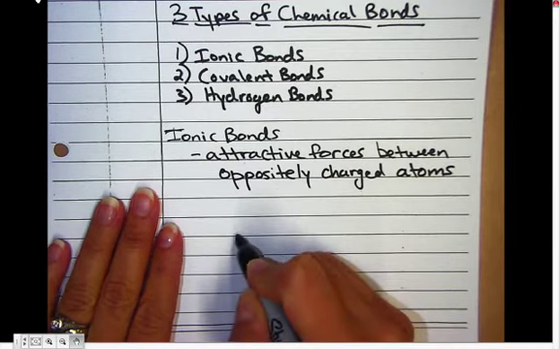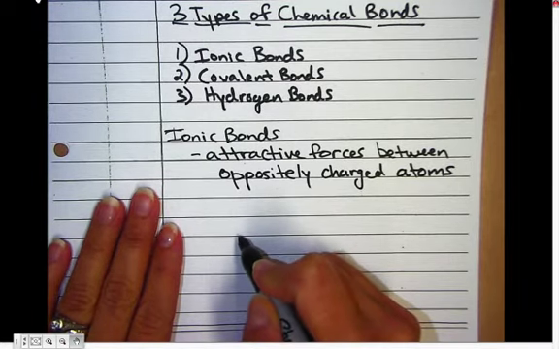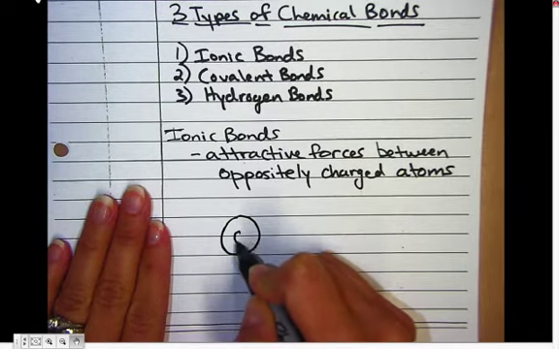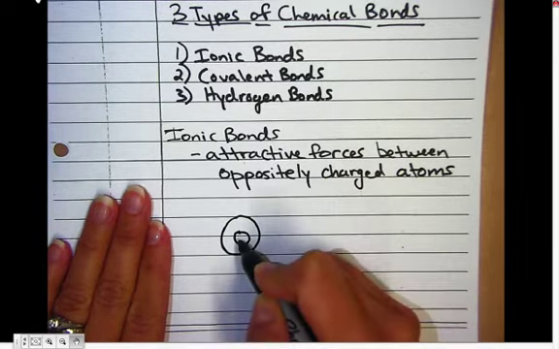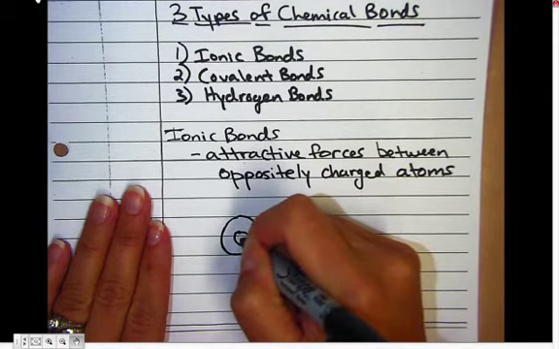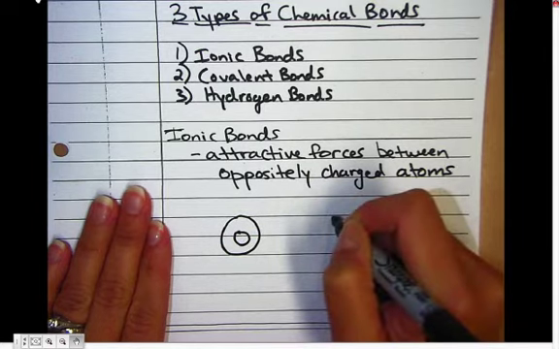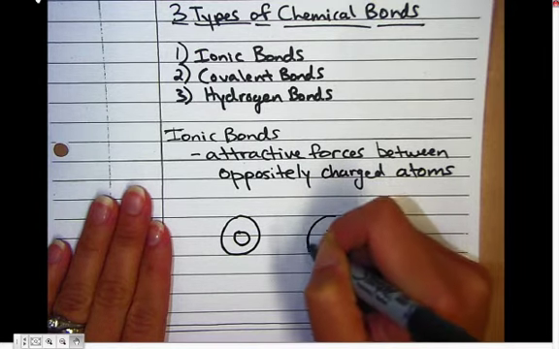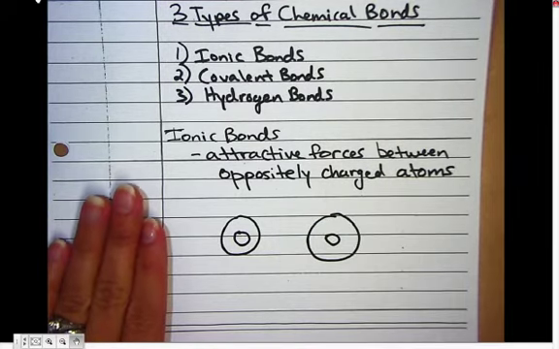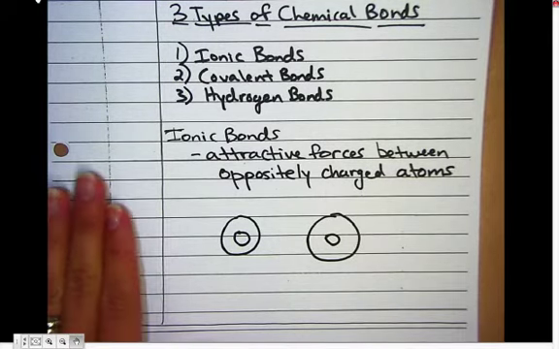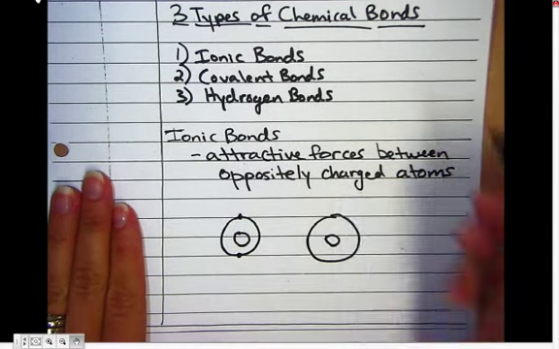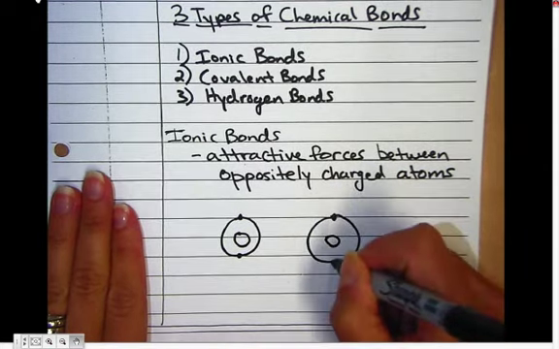at an atom and then take a look at another atom. And we're looking at the fact that these 2 atoms have 2 electrons.